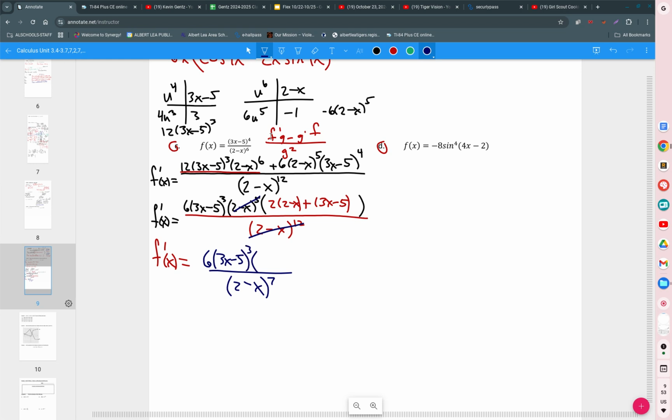And then let's gather some pieces here. I have 2 times 2, which is 4, and then 4 and then -5 make -1. And I have 2 times -x, which is -2x, and -2x plus 3x is x. So I get just an x minus 1 on the top.